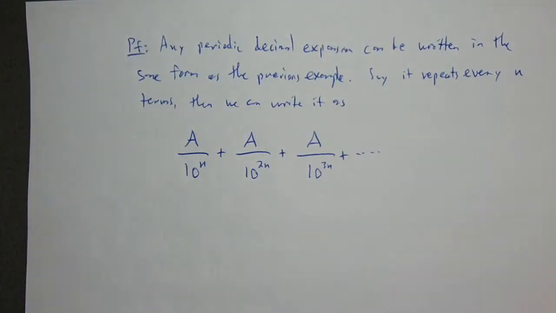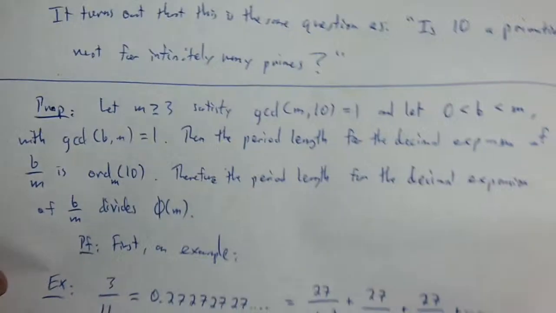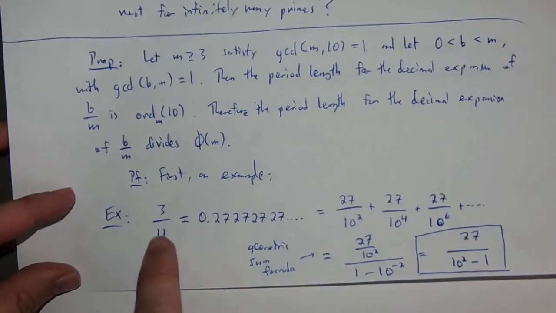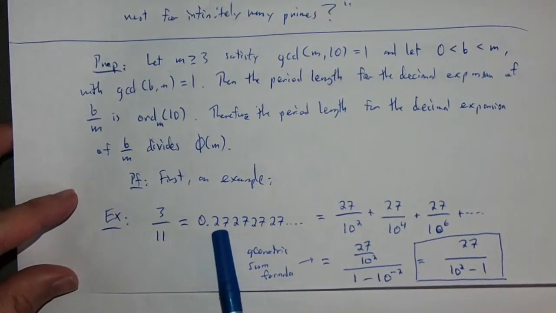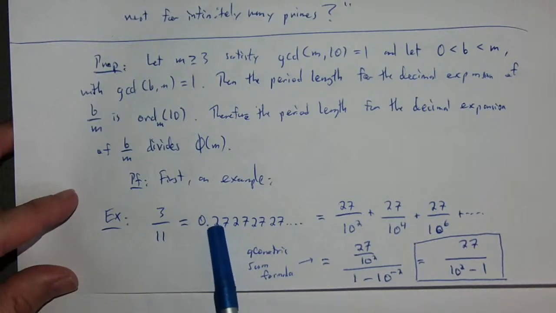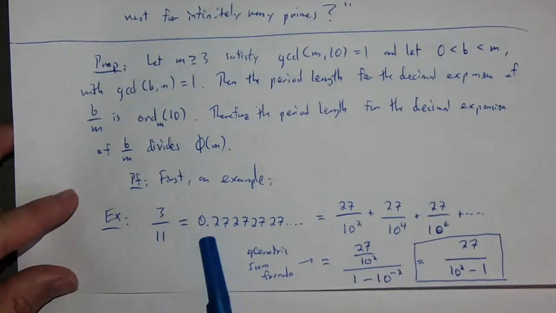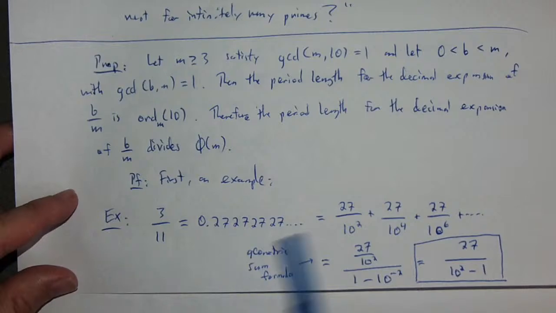But going back to my example to show what it is that's going on here, for 3 over 11, we saw that it repeated each block of 2, so it was 0.27272727 on and on.